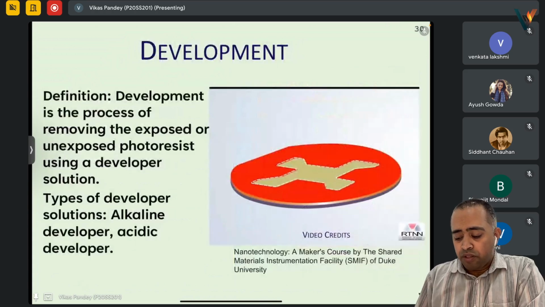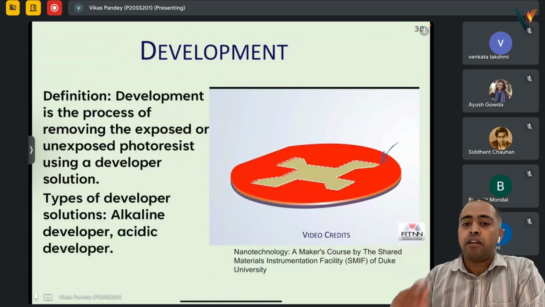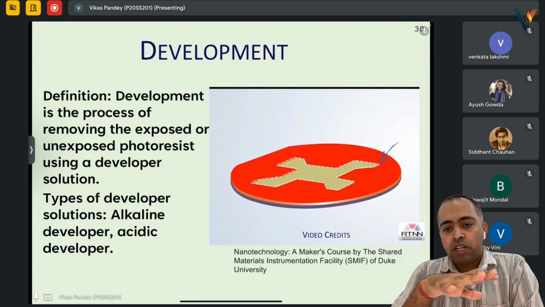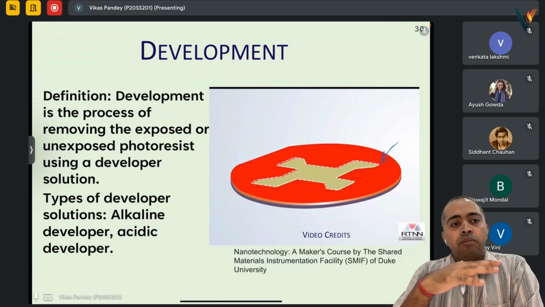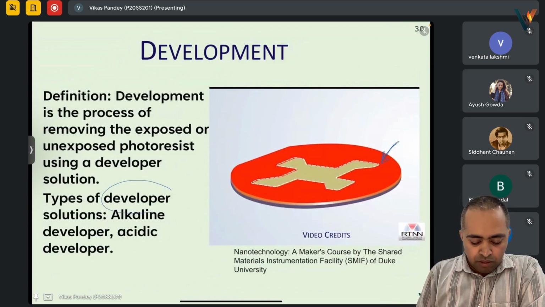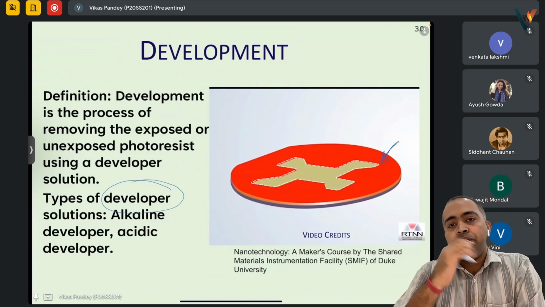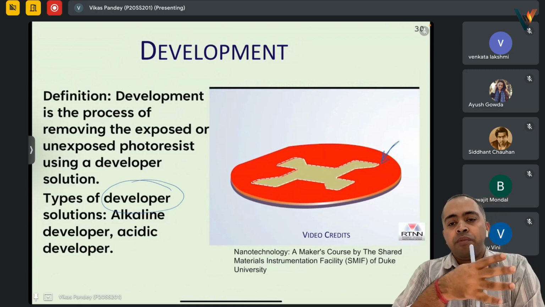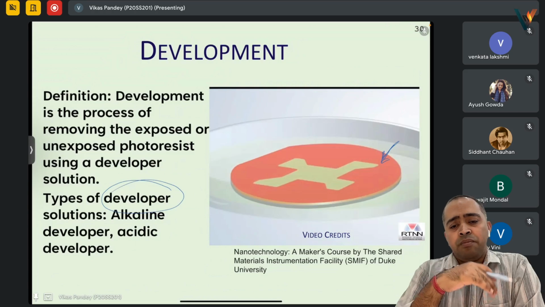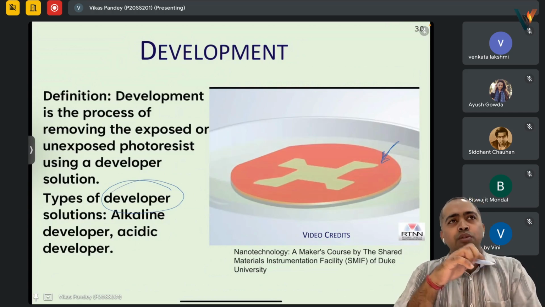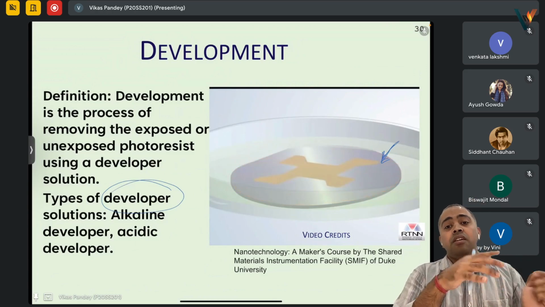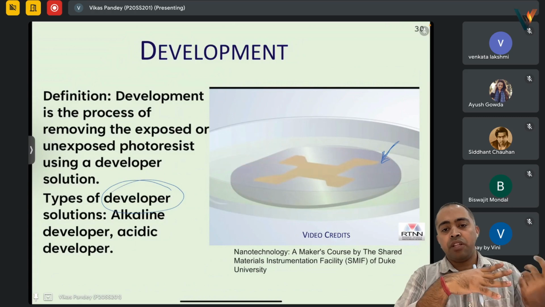Now, the area that saw the light after having photoresist is now able to dissolve in a specific chemical called developer. The developer will be specific to our photoresist. We put it in the developer solution, very similar to what used to be done in case of negative films some 10-15 years ago.